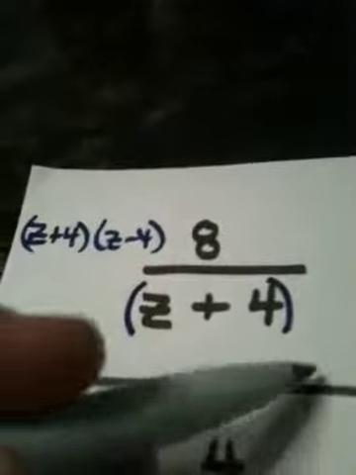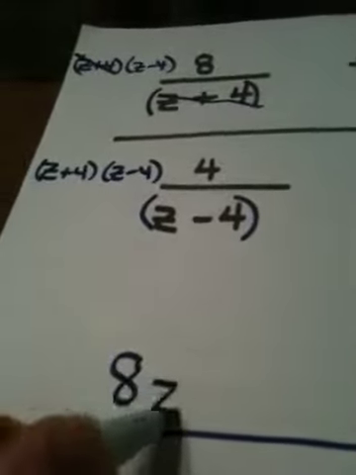Now, let me put my division bar and see what we're left with. Let's start here. When the z plus 4's cancel and I distribute the 8, I'm left with 8z minus 32. So let's write that down. 8z minus 32.